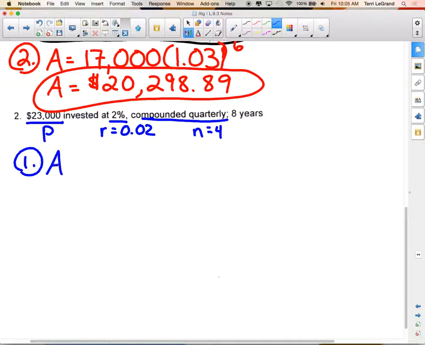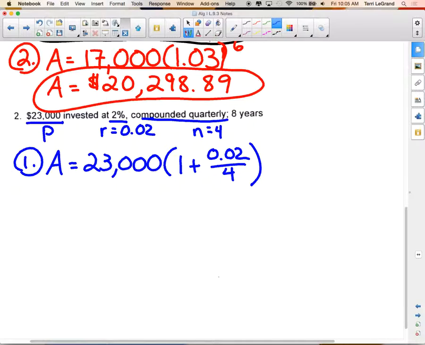So the amount will be arrived at by starting with $23,000 investment, 1 plus the rate divided by 4, raised to the 4 times t power because the n has to be multiplied by the t, right? Okay, now all we got to do is clean that up. Make it a little bit more user-friendly, so somebody doesn't have to type quite so much in their calculator.